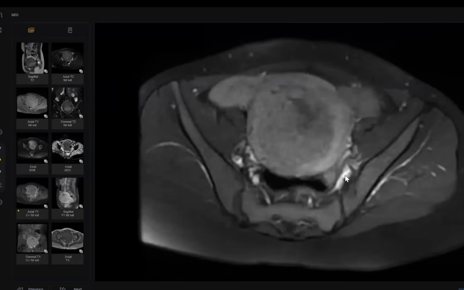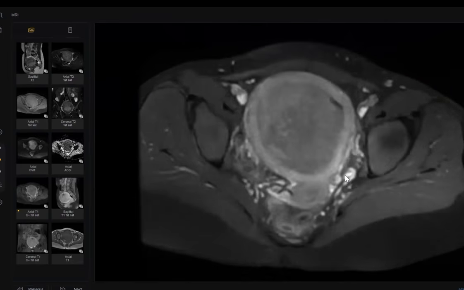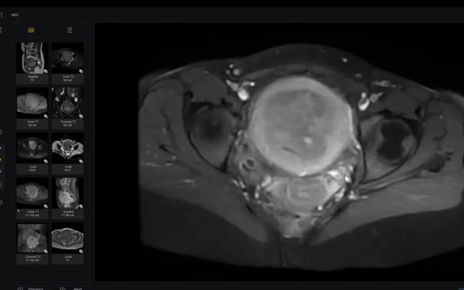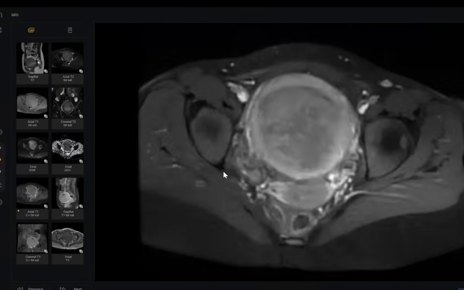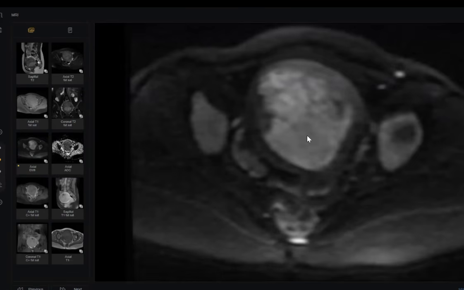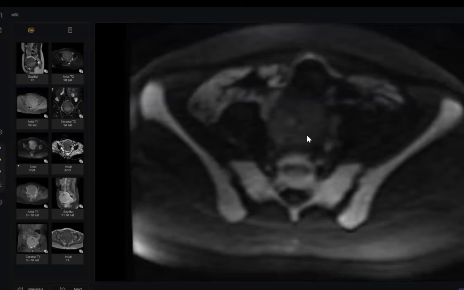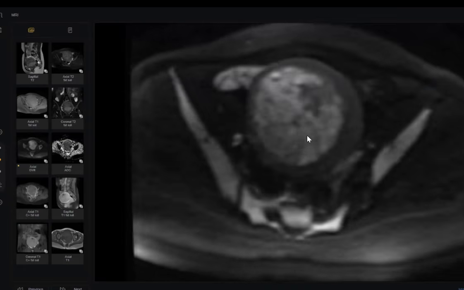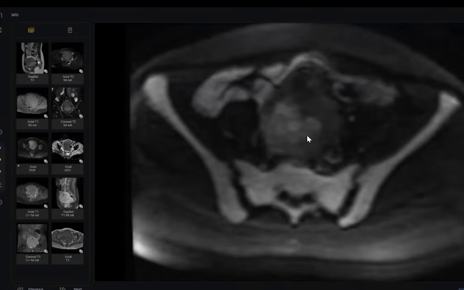So most probably it is inside the endometrial cavity and causing posterior invasion to the myometrial wall. If I can see the diffusion study, there is no significant lymphadenopathy in the pelvis. It is also showing a little bit of diffusion restriction.